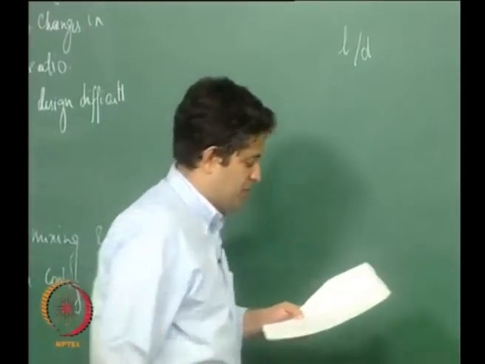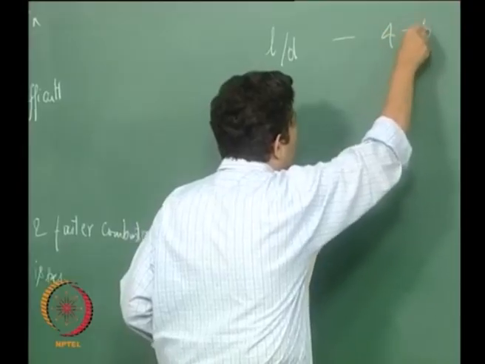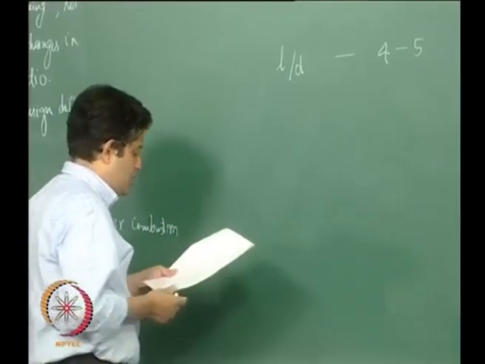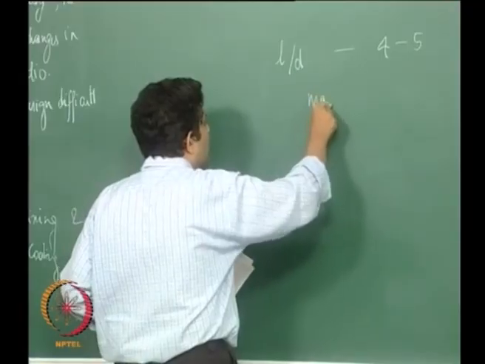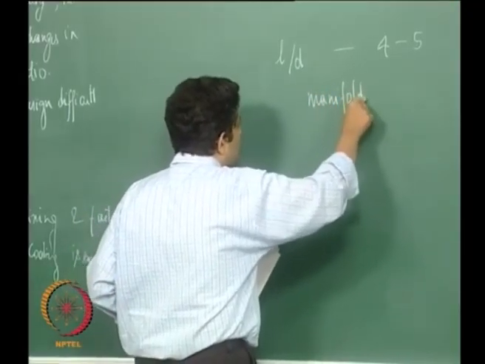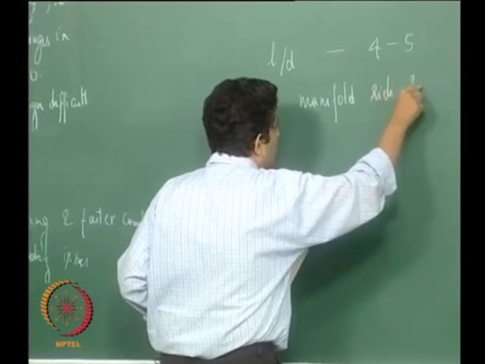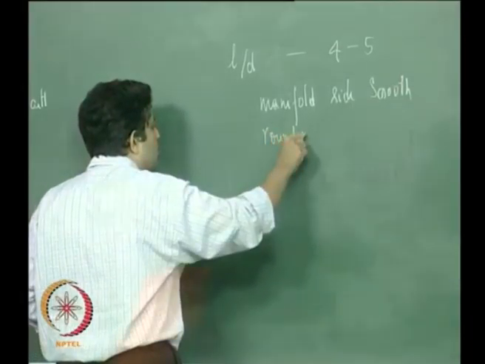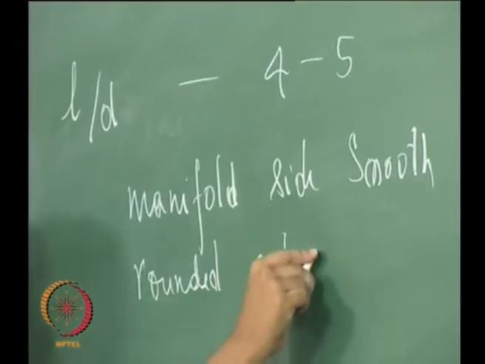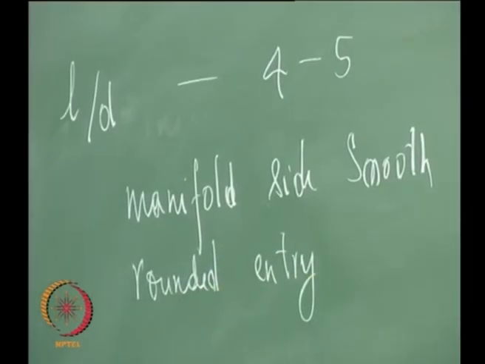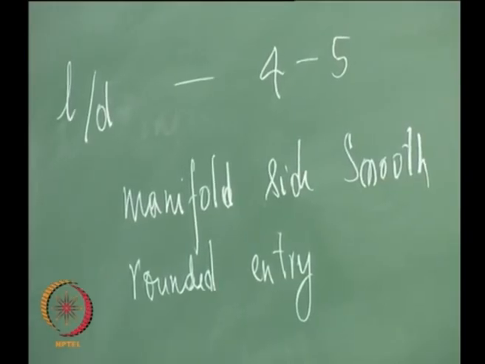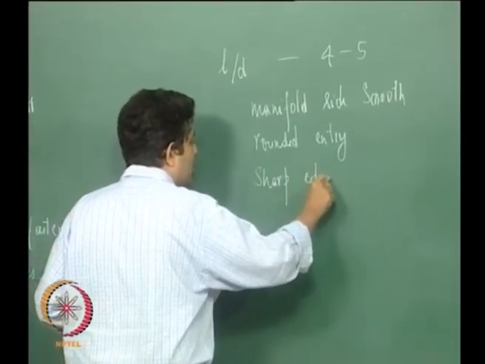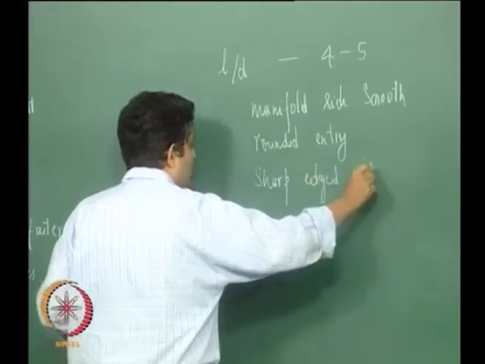It is typically something between 4 to 5, and you need to ensure that on the manifold side, it has a smooth rounded entry, and on the combustor side, it has a sharp edged exit.